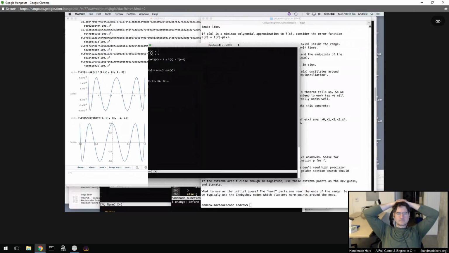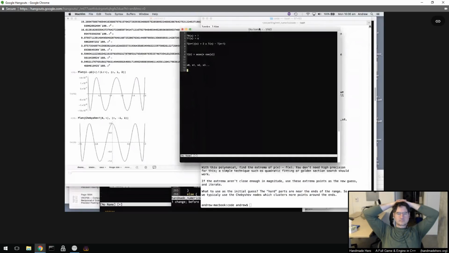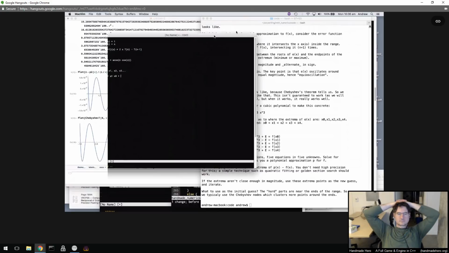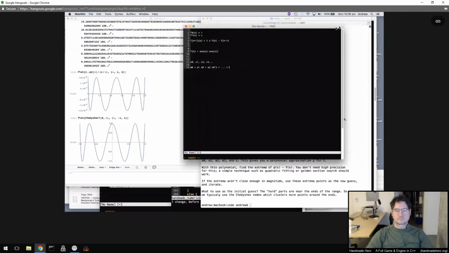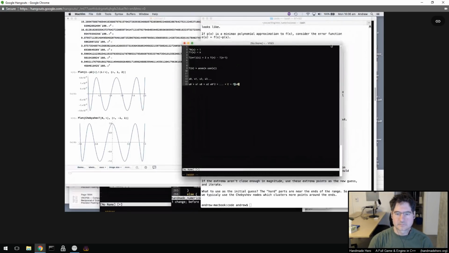So a0 plus a1 x0 plus a2 x0 squared plus and so on, plus e equals f(x0), where f is the function that we're trying to find an approximation to.